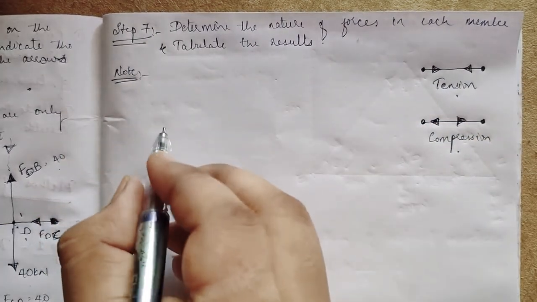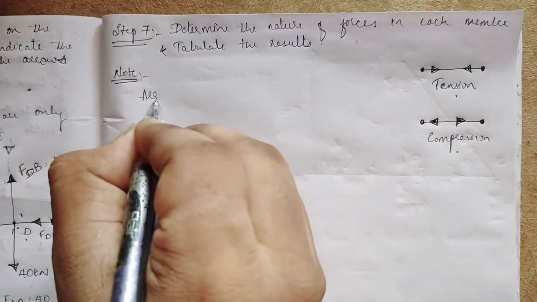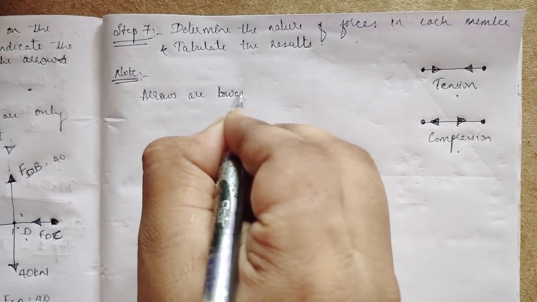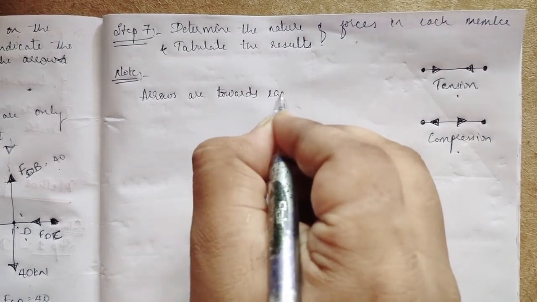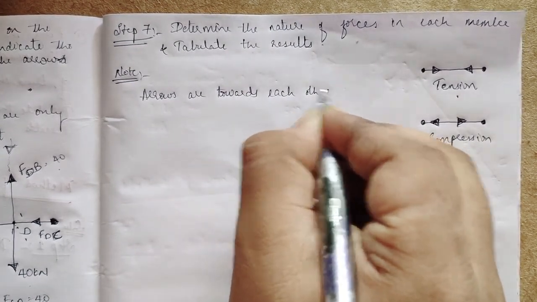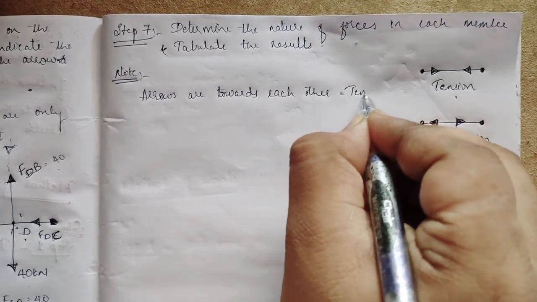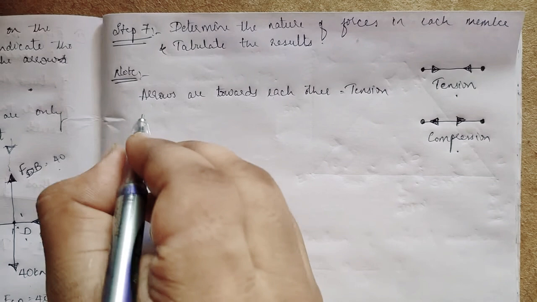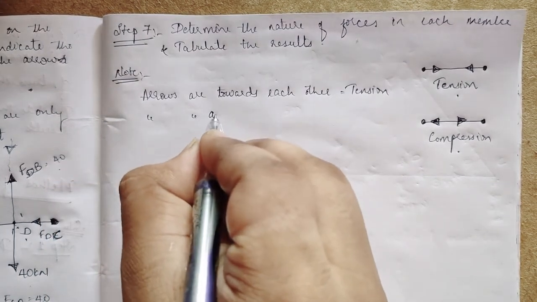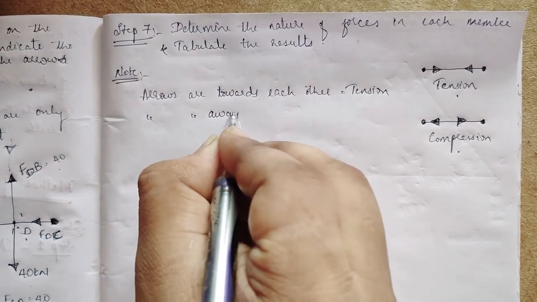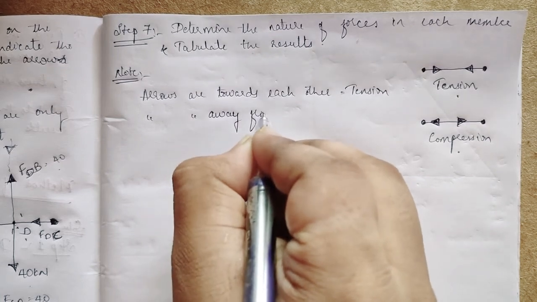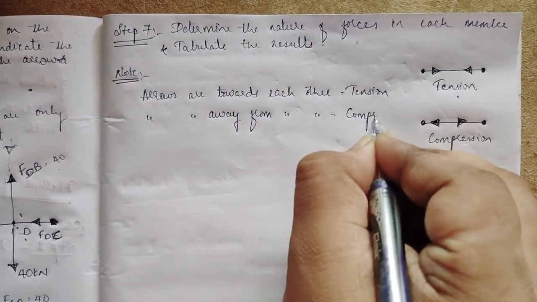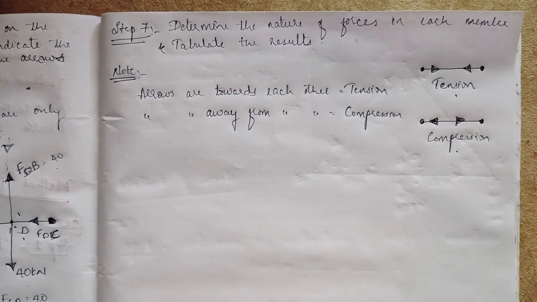If the arrows marked on the member are towards each other, it is tension. Okay, and if the arrows are away from each other, it is compression.